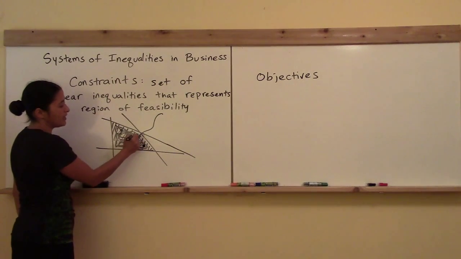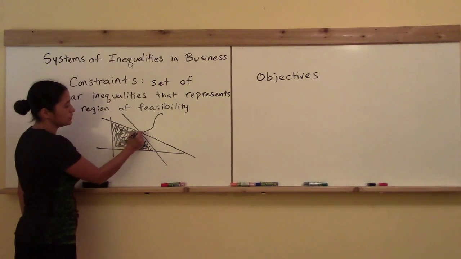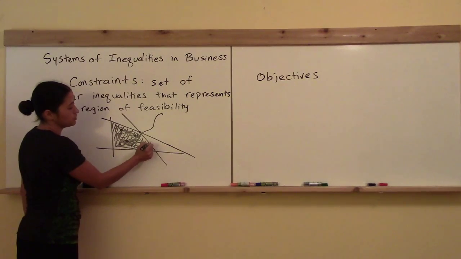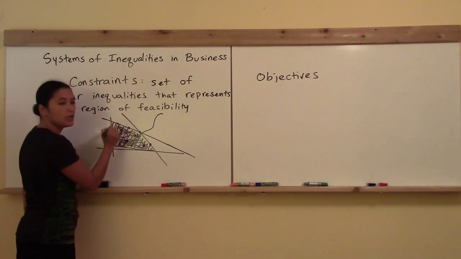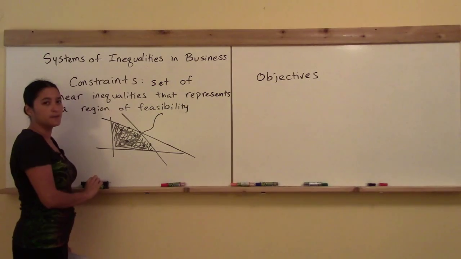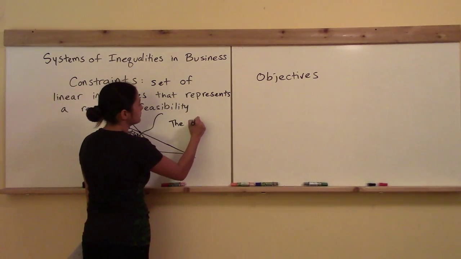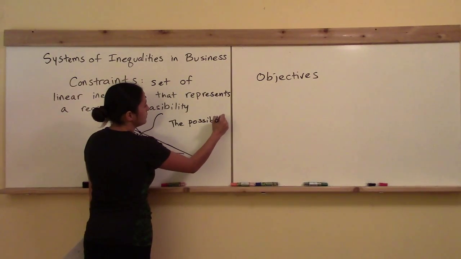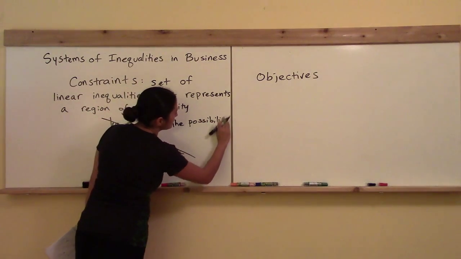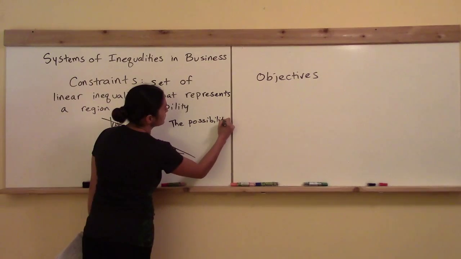You could be at any point inside of this region, or if there was an equals to attached to the inequality, you could be on any of the points lying on the line. Those are the possibilities under the given constraints.